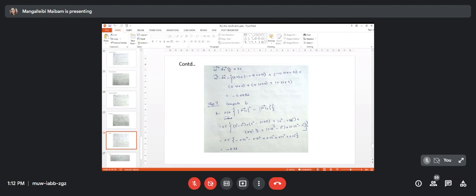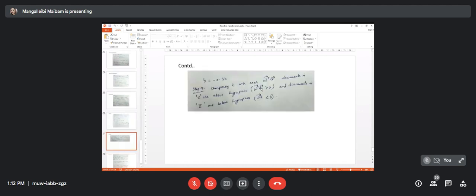So these three, D1, D2 and D3, are above the hyperplane. And for D4 it is minus 1, which means our B value is greater than the W dot D4 value, minus 1. So we can separate these four documents into two separate regions of the hyperplane.